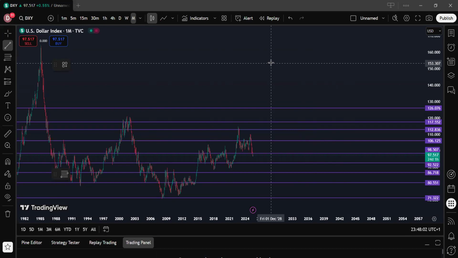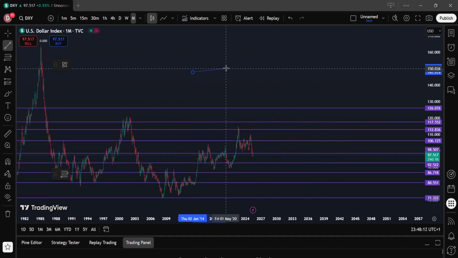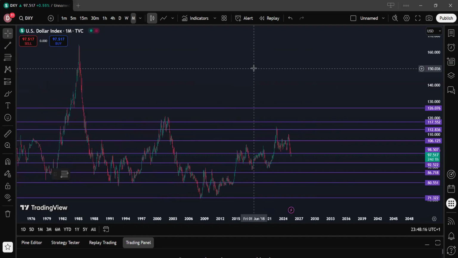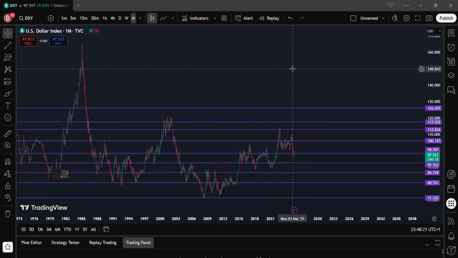It's a little bit of an indicator to show you as a trader where you will be seeing or anticipating where price could end up. So right now we're looking at the dollar index.